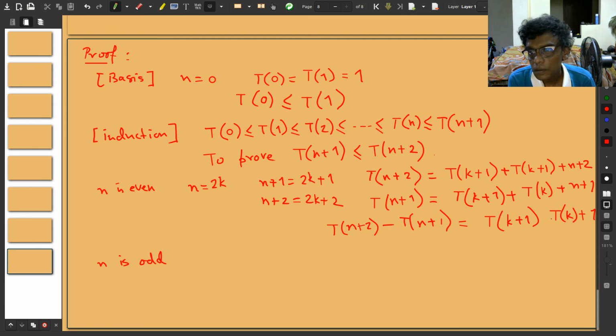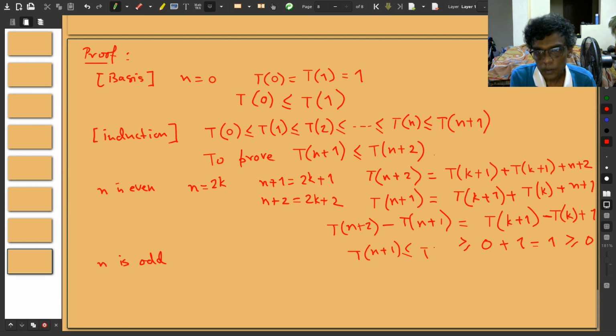This is Tk plus 1 minus Tk, plus 1. Okay. So now this quantity Tk plus 1 is greater than or equal to Tk, because somewhere in the middle I have Tk less than or equal to Tk plus 1. Right. So this is greater than or equal to 0 plus 1, which is 1, which is greater than or equal to 0, and therefore I can conclude Tn plus 1 is less than or equal to Tn plus 2.